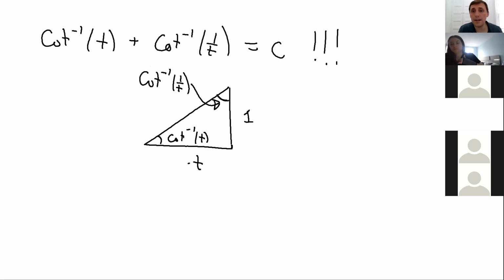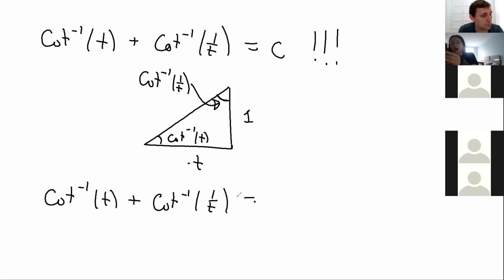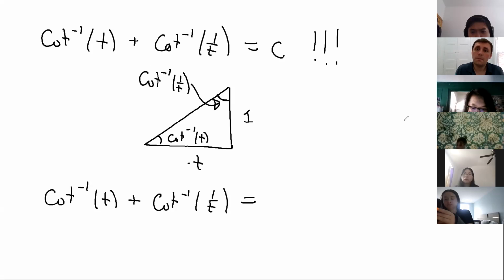And I am asked to calculate their sum. Yes? So tell me, please, if you understood what cotangent inverse of t, which we said should be a constant, plus cotangent inverse of 1 over t is. What particular constant is this equal to, please? Thank you. One person understands. What about the rest of you?